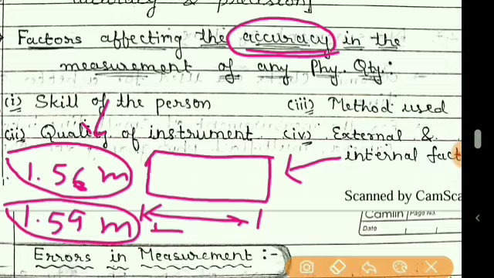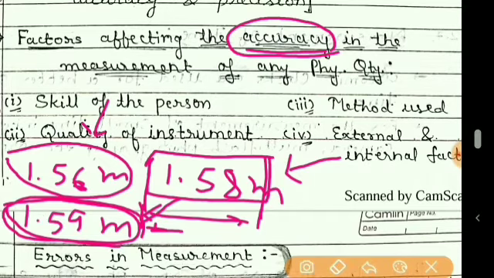And if the measured value is close to the actual value, suppose the actual length of this block is 1.58 meter, then we can say that this value, that is 1.59 meter, is more accurate than this.